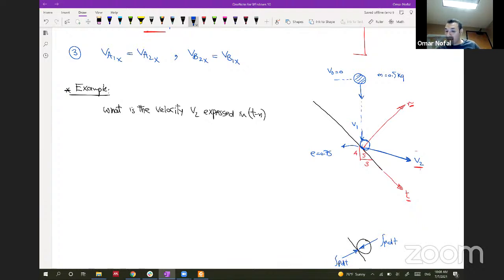So this is the direction of impact, and this is where we can apply the conservation of linear momentum. But before we do this, we need to know the velocity just before the impact. So we need to know the velocity after this body goes down by 1 meter.